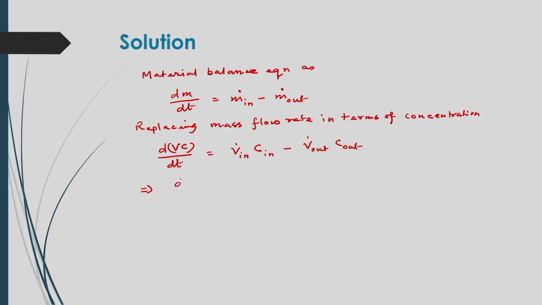So, we can write here d(Vc) by dt equal to V dot in C in minus V dot out C out, where C out will be equal to simply C. We can consider that this concentration is at a certain time t in the tank.